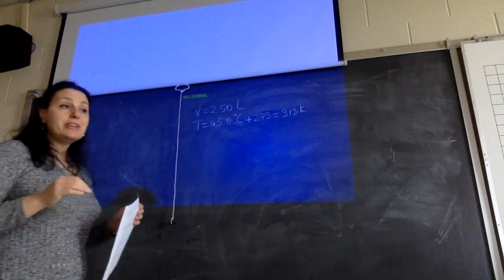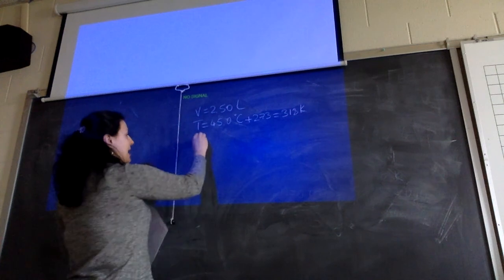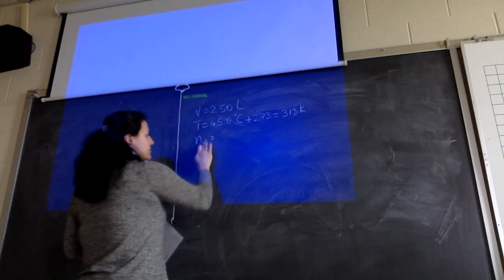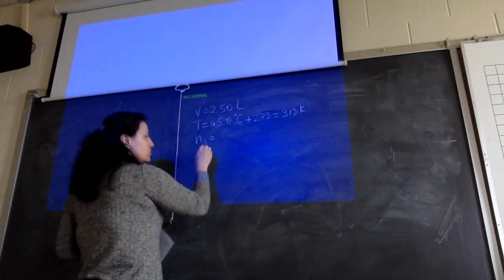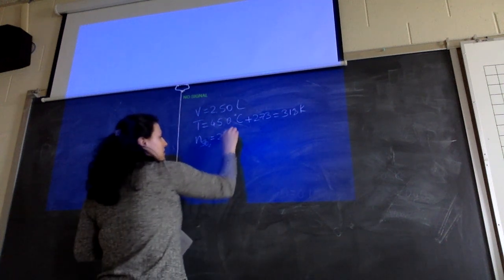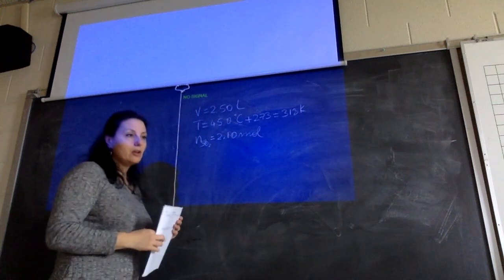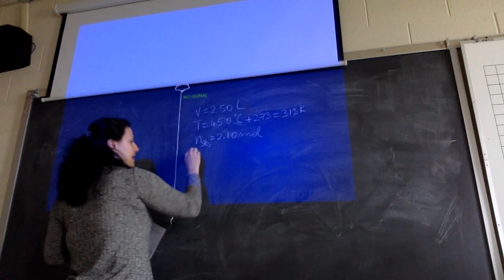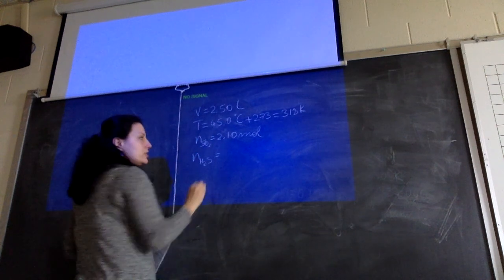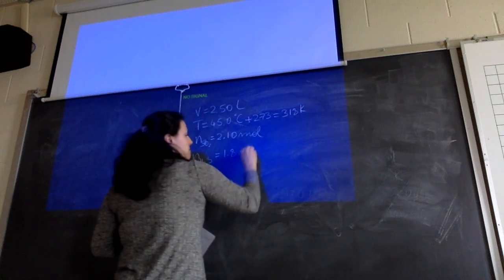Then I'm given the amount of moles of each gas. So I have the moles of SO2, which is 2.1 moles, and then the moles of hydrogen sulfide, which are equal to 1.8 moles.